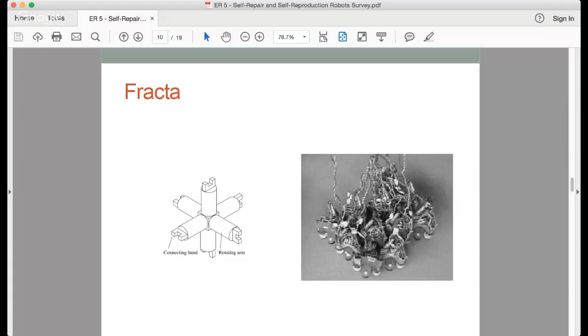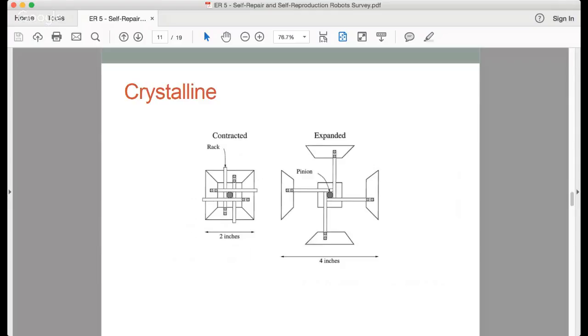Again, if you have any questions, please feel free to ask before we move to the next application, which is Crystalline. So, Crystalline can self-repair using a 3-phase process, similar to what we mentioned earlier in TEBot.